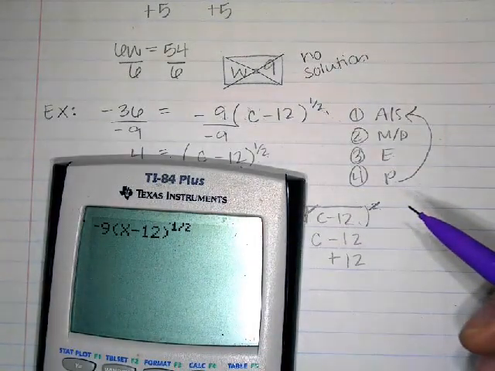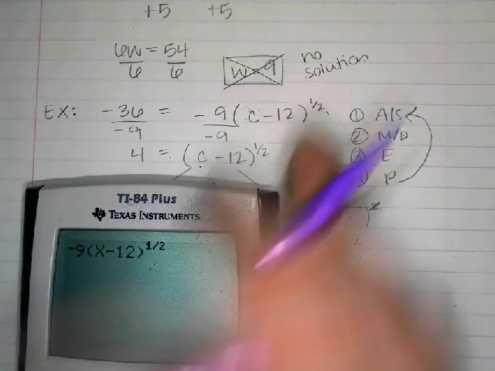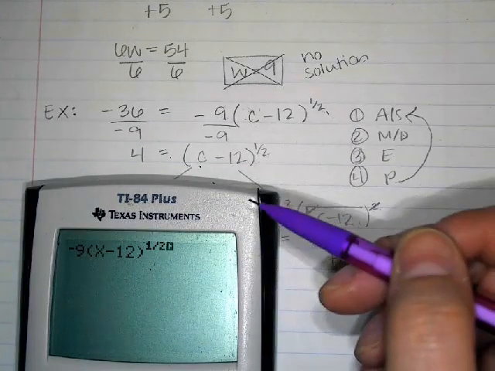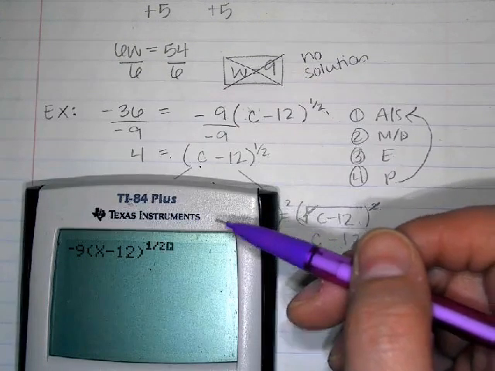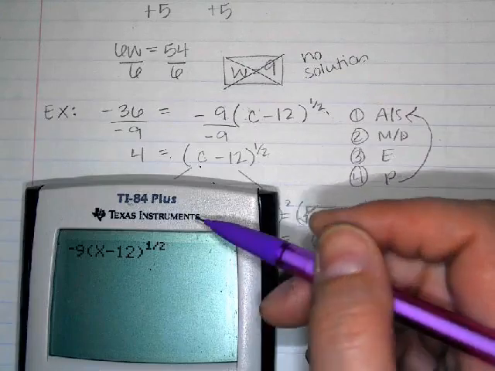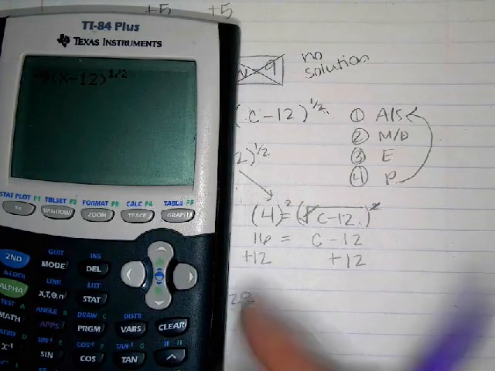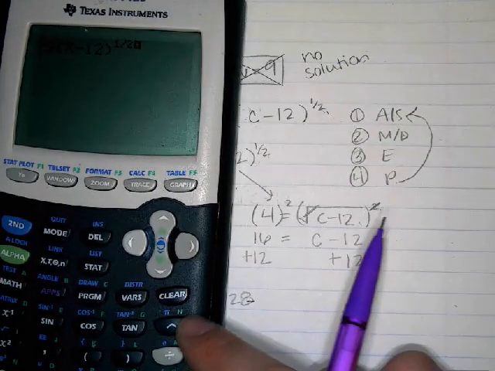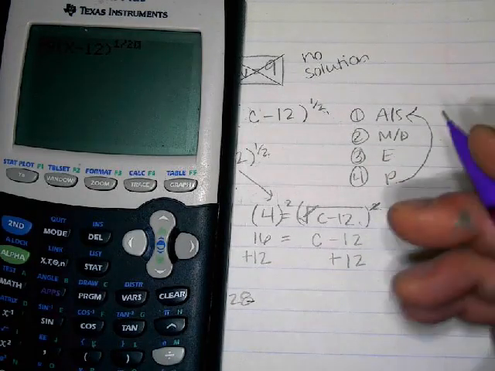I didn't type the negative 36, but when I get the answer, it should say negative 36. To get my exponent, I did this up arrow right here. They call it the caret. I typed that to get my exponent, and then I typed 1 divided by 2 in my exponent. I didn't actually make it a fraction, but 1 divided by 2 is the same thing as 1/2.